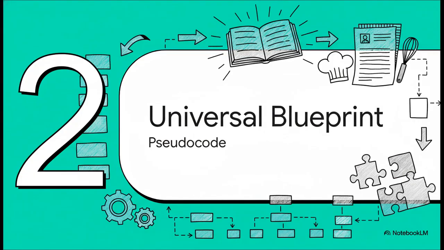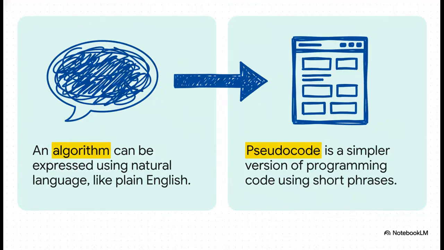Now, plain English is great for you and me, but we need to get this recipe into a format that any programmer on the planet can understand without getting bogged down in the specific rules of one programming language. This is where a really cool idea comes in, a universal blueprint called pseudocode. Think of it as a middle ground between plain English and actual computer code. And check this out.